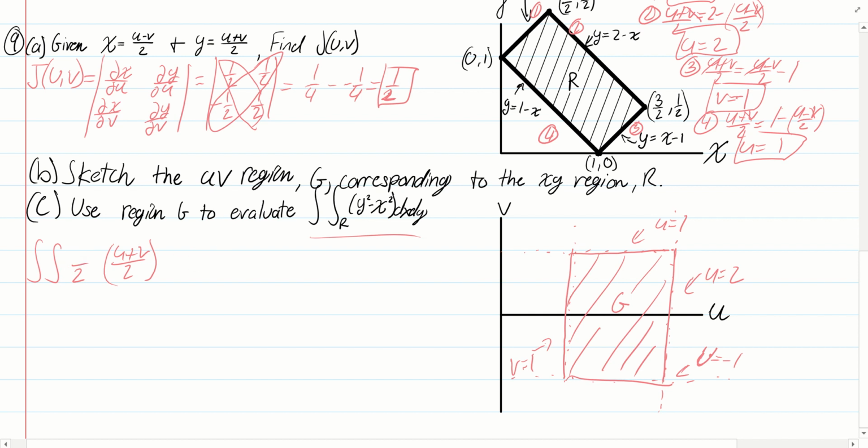I'm going to put this 1/2 on the outside, with du dv. I want to pull out the 2's here, so they're squared, so it becomes 1/8.